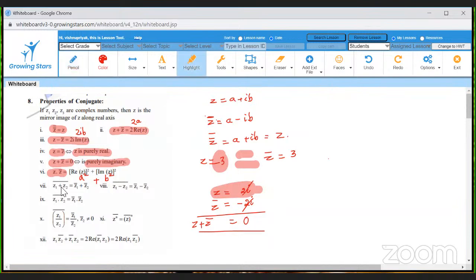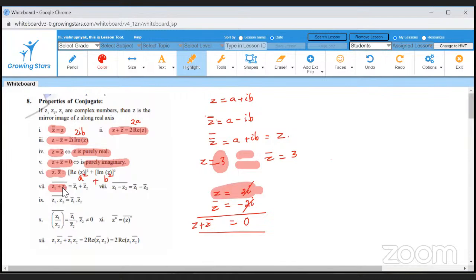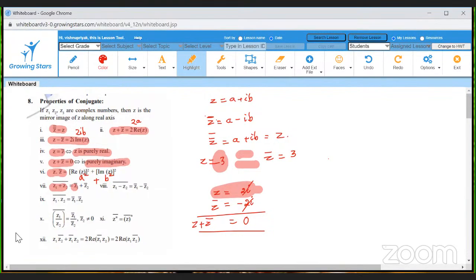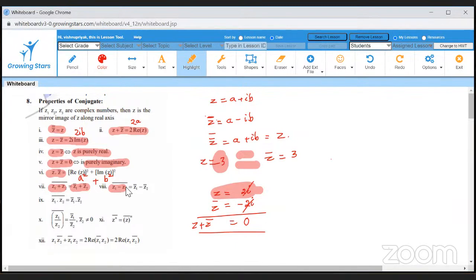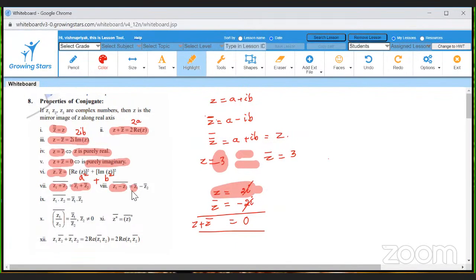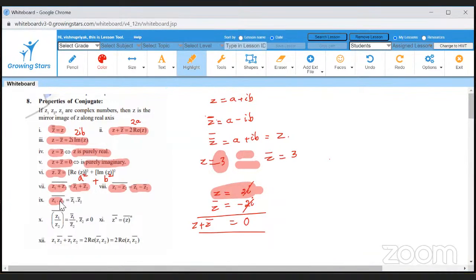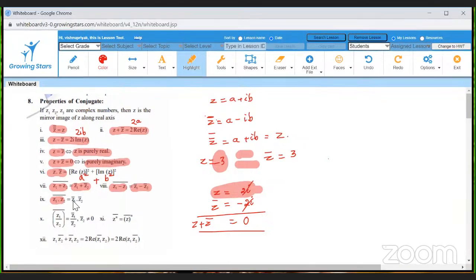Conjugate of z1 plus z2 will be the same as z1 bar plus z2 bar. Conjugate of z1 minus z2 is the same as z1 bar minus z2 bar. Conjugate of z1 into z2 is the same as z1 bar into z2 bar. And conjugate of z1 by z2 is the same as z1 bar by z2 bar.